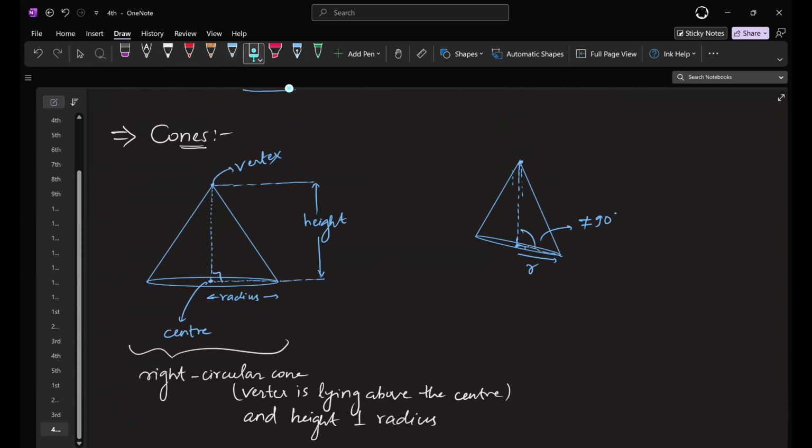And in the previous condition that I have drawn, if the vertex and center are not lying over the same vertical line, then also it is a random cone. Okay, and when would be the condition when it would not be even called a cone?